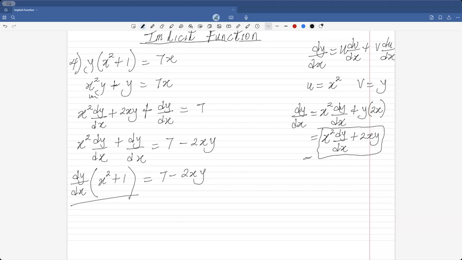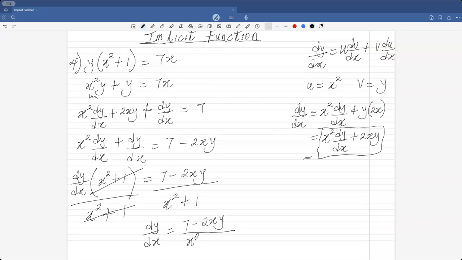We divide both sides by x squared plus 1 to isolate dy/dx. So this cancels this out. At the end of it all, we have dy/dx equals 7 minus 2xy over x squared plus 1. And that is our final answer for that problem.